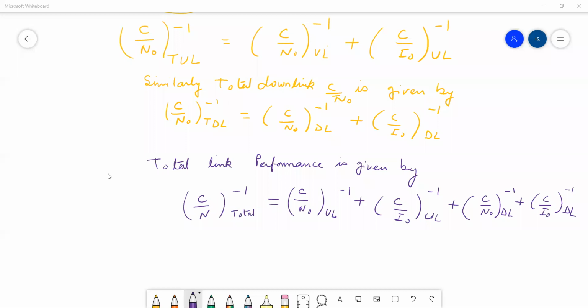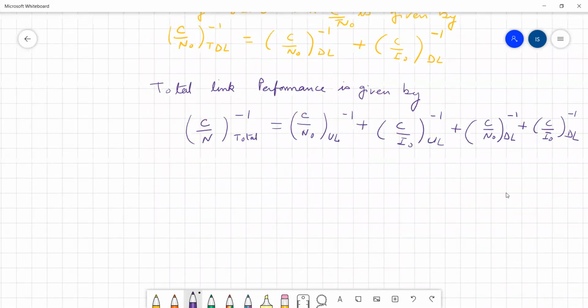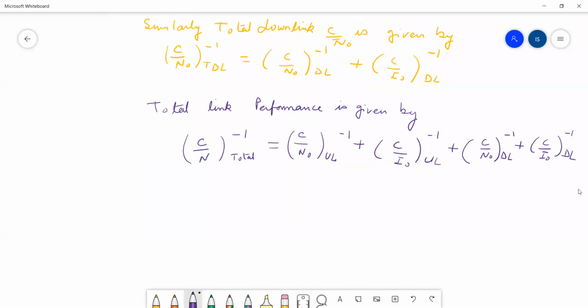So this is a total link budget design. Okay. So we will continue with the previous question. In the previous question, we calculated the satellite link where the uplink C by N is given and downlink C by N is given. Now the next question is here.